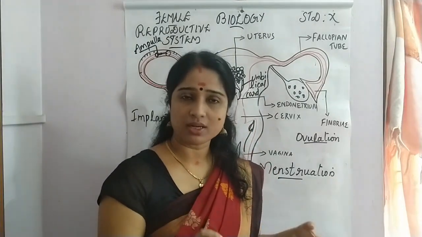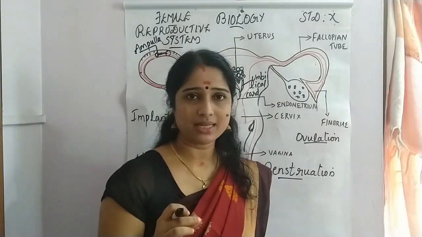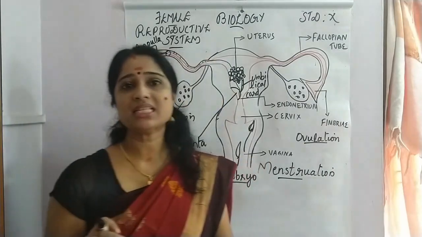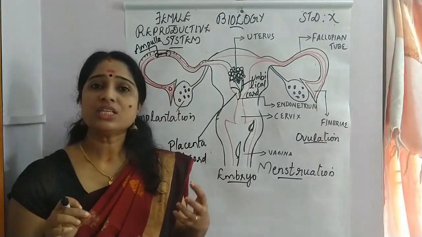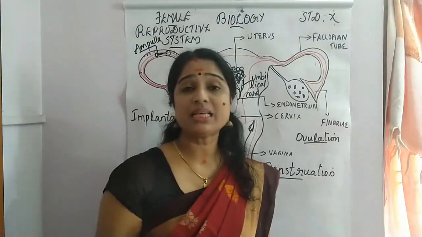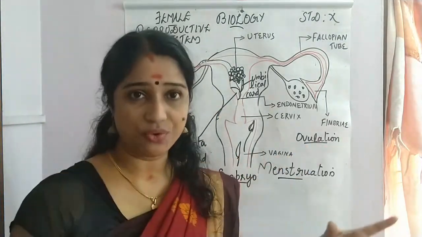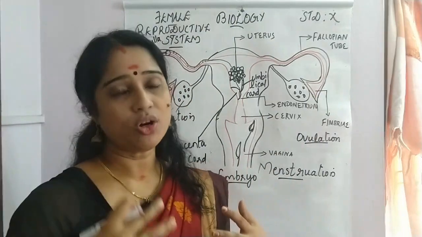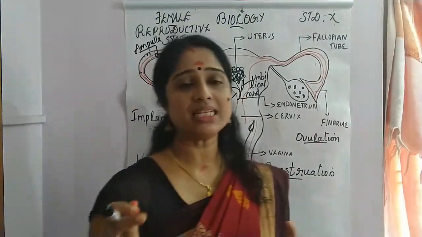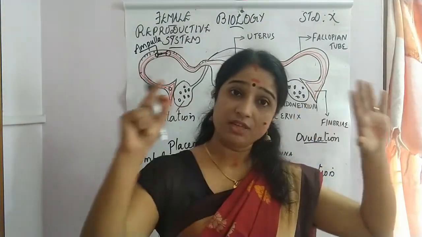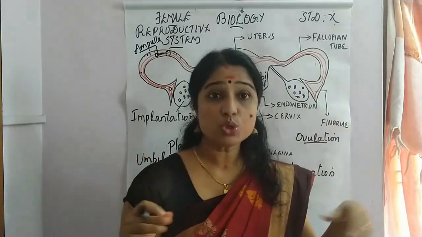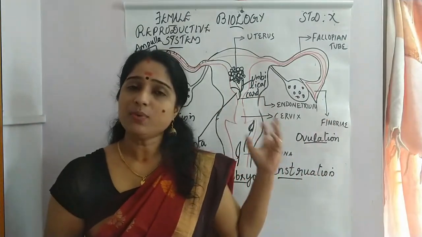Placenta is a disc-shaped structure. It can be asked in the examination. Placenta is a disc-shaped structure full of villi, richly supplied with what? Blood vessels to increase the surface area. Then a large quantity of exchange of materials can take place, because if the area is small, exchange is also small.